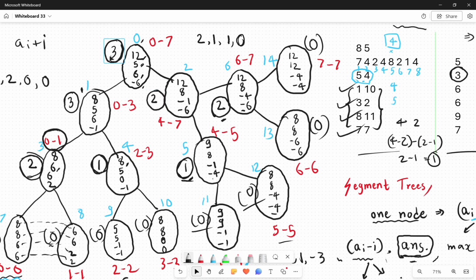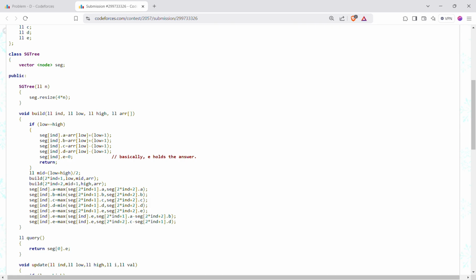After building, and after every update, directly output the segment tree of 0. So this value here is our answer after every update, and after building as well, so before any updates. So segment tree of 0 is always our result.